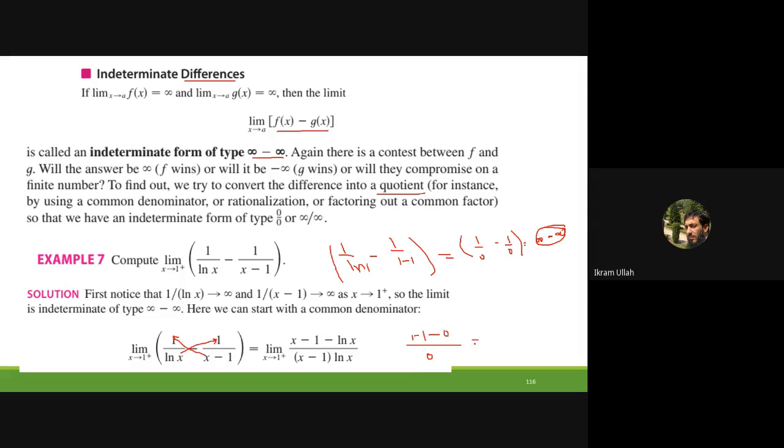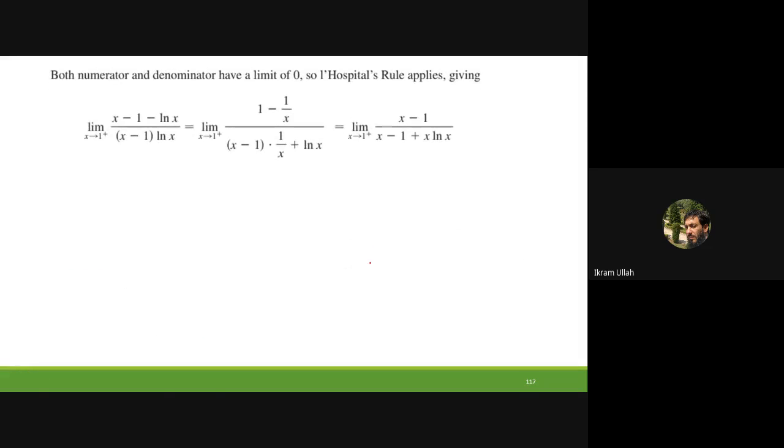So this is 0 by 0 form. We converted this difference of functions to a common denominator and now we get 0 by 0 form. So now we can use the L'Hopital rule.